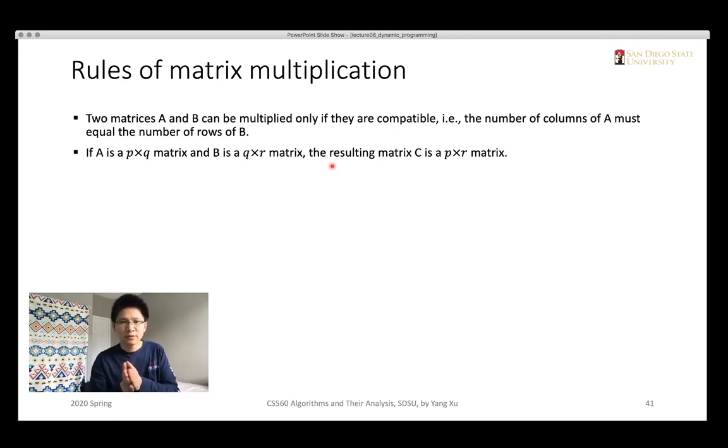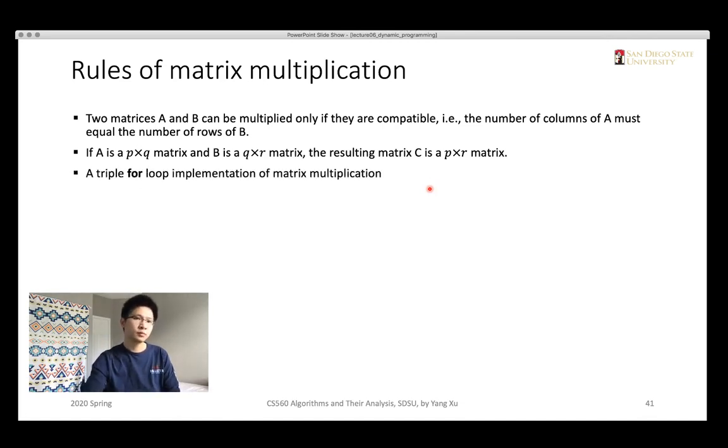And the resulting matrix C, the product of A times B, is a P by R matrix. So the P comes from the row numbers of A, and the R comes from the column numbers in B. It's like we put P times Q and Q times R together, and then we can eliminate the Q in the middle, and what's left is just P and R. I think that's quite a straightforward rule to follow.